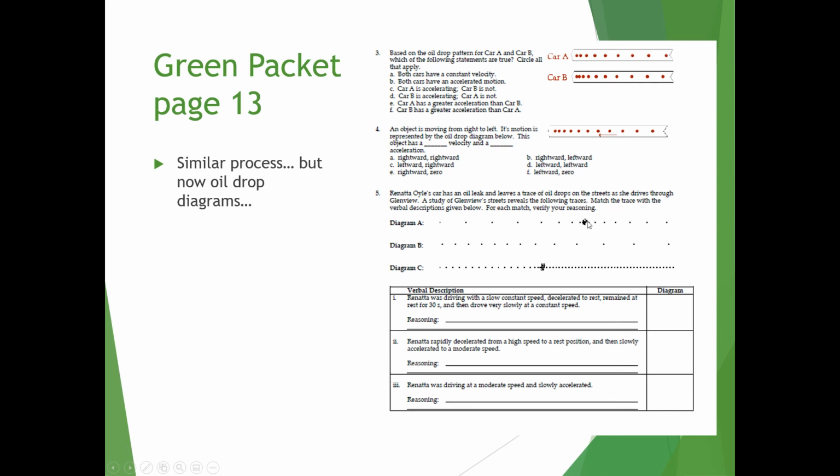They sat at rest, and then they accelerated to a moderate speed here. So it looks like number 2 matches diagram A. So hopefully that means the last one is letter B, but let's verify it. Renata was driving at a moderate speed and slowly accelerated. Well, she's driving here at a slow, moderate speed, and then they start getting farther apart. So that definitely does match.